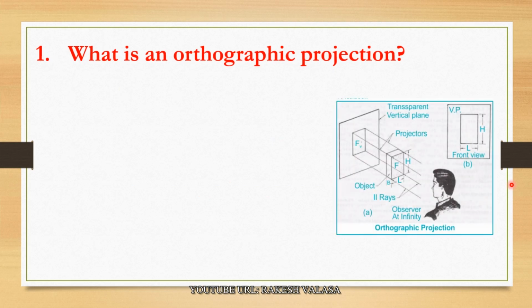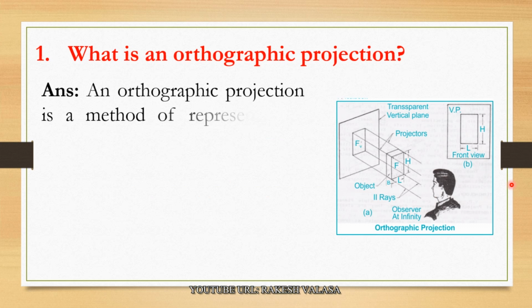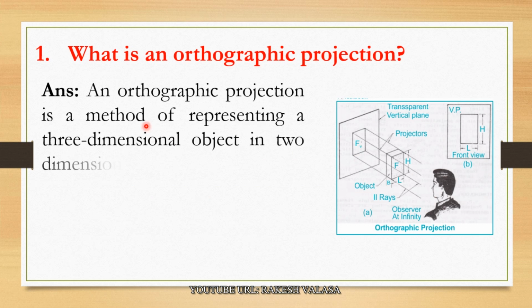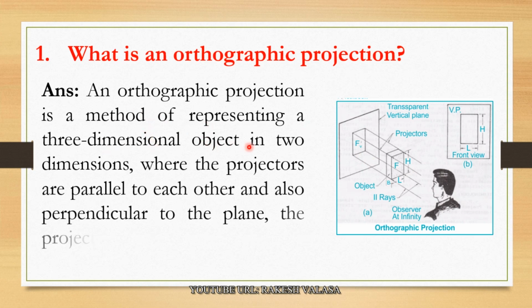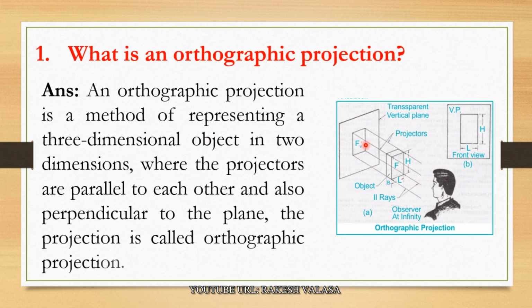By seeing this image, we can define orthographic projections. An orthographic projection is a method of representing a three-dimensional object in two dimensions where projectors are parallel to each other and also perpendicular to the respective plane, that is vertical plane or horizontal plane or profile plane.